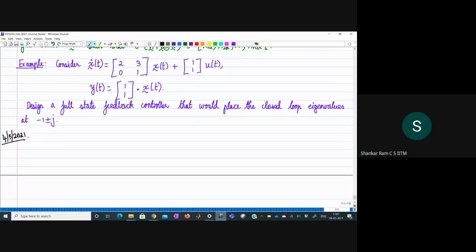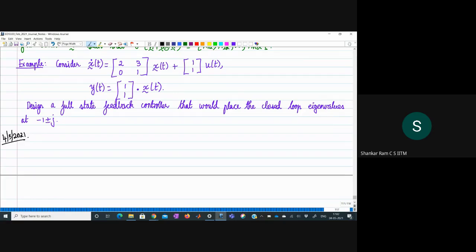Today let's do examples on the application of full state feedback. Let's do some problems. If you recall in the previous class, we looked at full state feedback, where we are designing the controller such that the control input u(t) is K times x(t) for a MIMO system, or K dot x(t) for a SISO system.